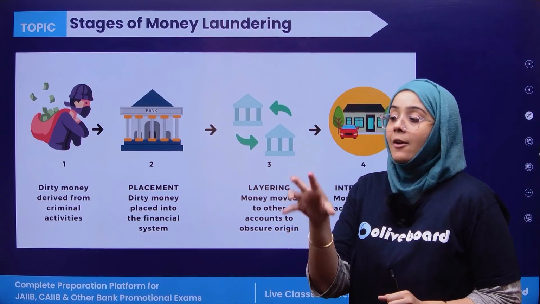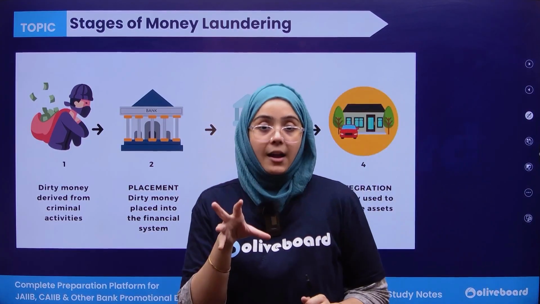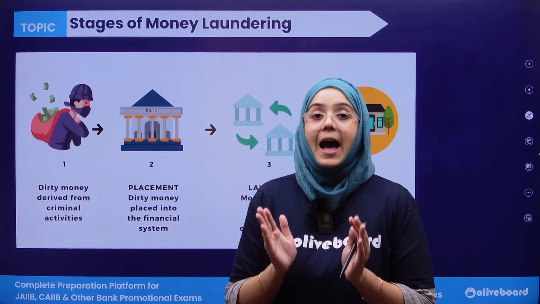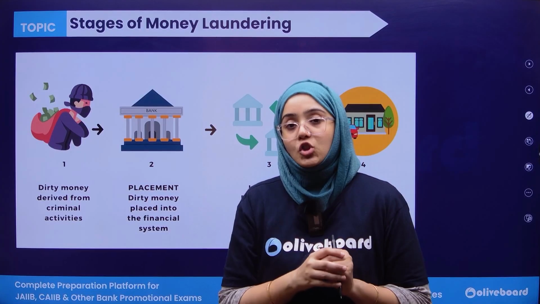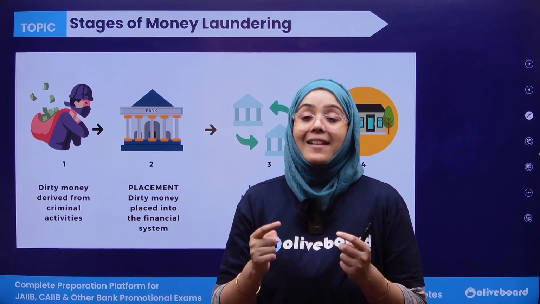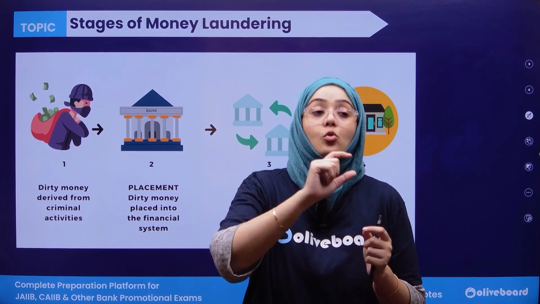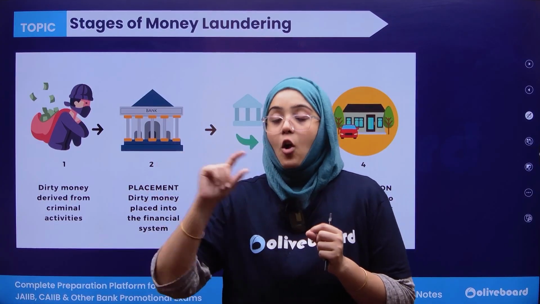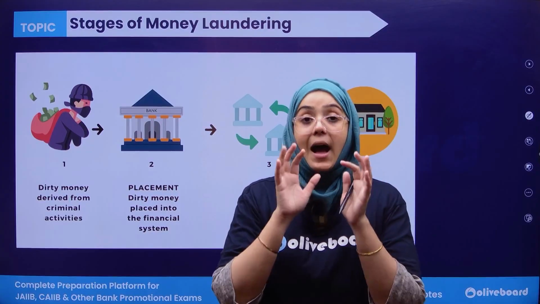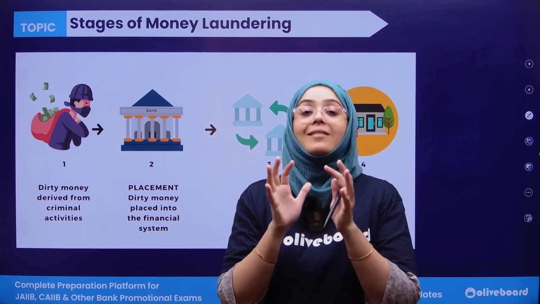For example, I have deposited dirty money in my account. Now I should be layering it with different financial transactions, as well as moving this fund to different accounts. For example, I move this fund to account A, B or C, so as to hide the source of these funds.